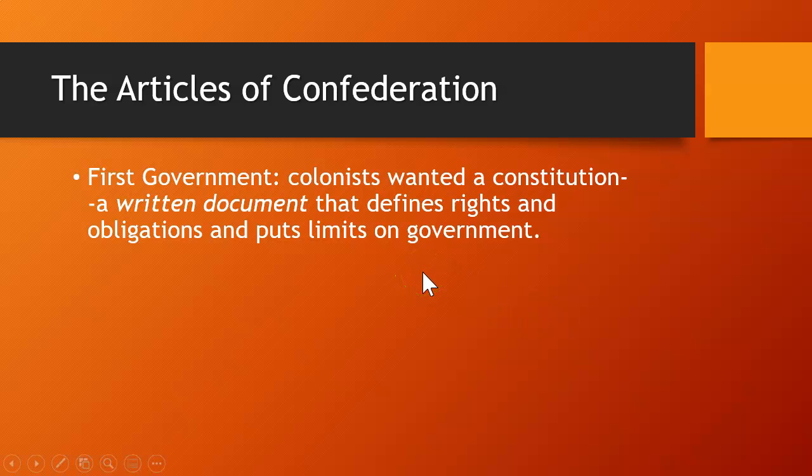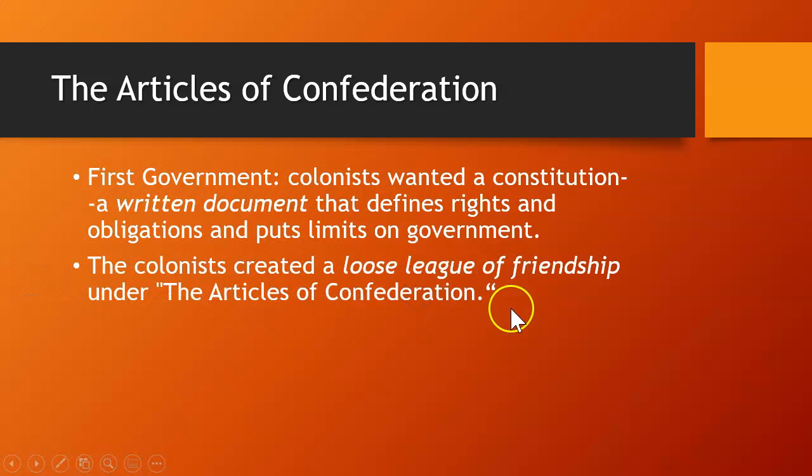But there were some things about the Articles of Confederation, before we talk about why they failed, that were important. Number one, this was the first time that things were written down. A plan for government, a constitution, was written down, and it put obligations and, more importantly, limits on government. The government cannot do this. The government cannot take away individual rights.